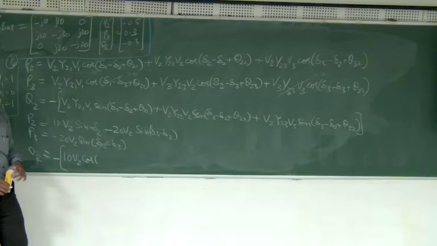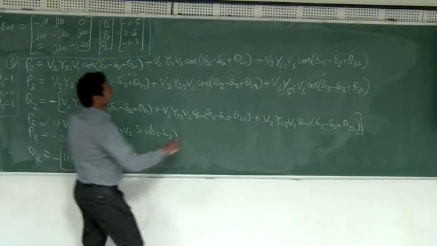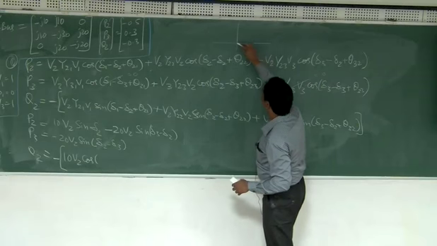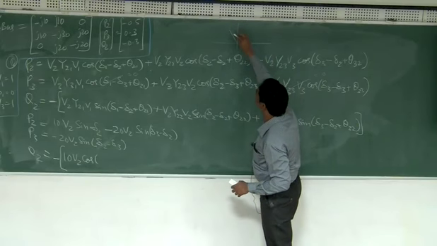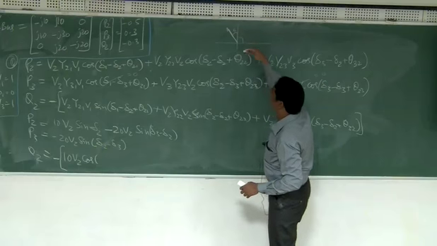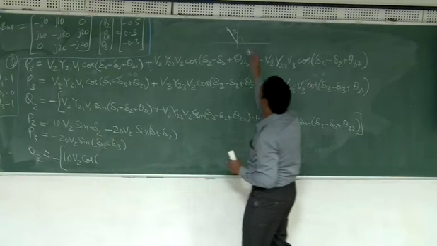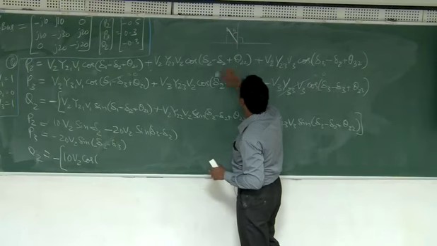Then minus cos theta. So this is 90 degrees and then this is theta degrees. Okay, there is a vector. Okay, what is the sign of that? Cos theta, plus or minus?